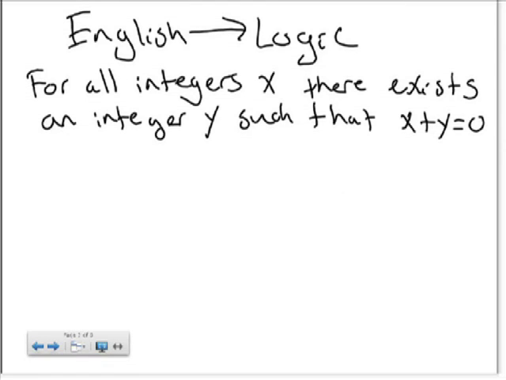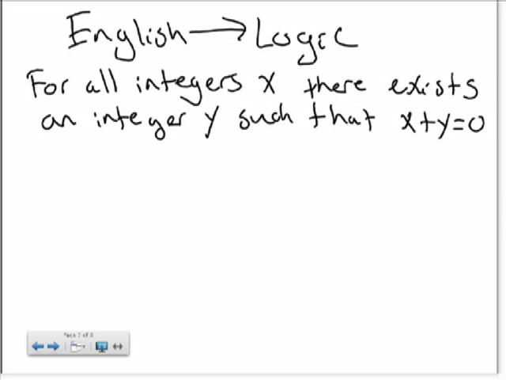Alright, so here we're going to give you an example of translating from English to a logical expression using nested quantifiers. The sentence we're given is, for all integers x, there exists an integer y such that x plus y is equal to 0.